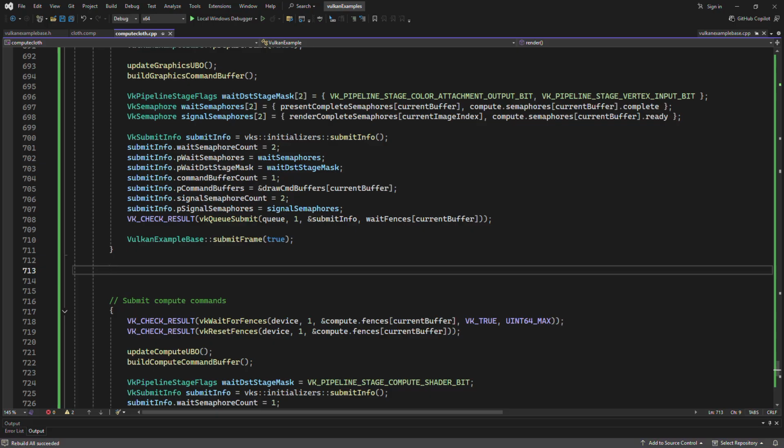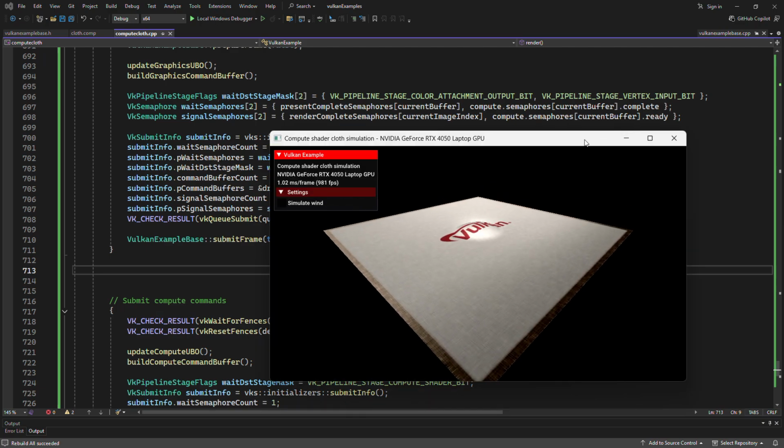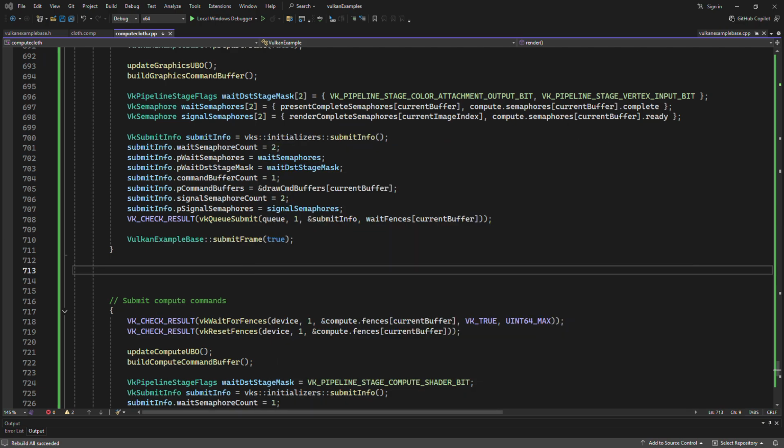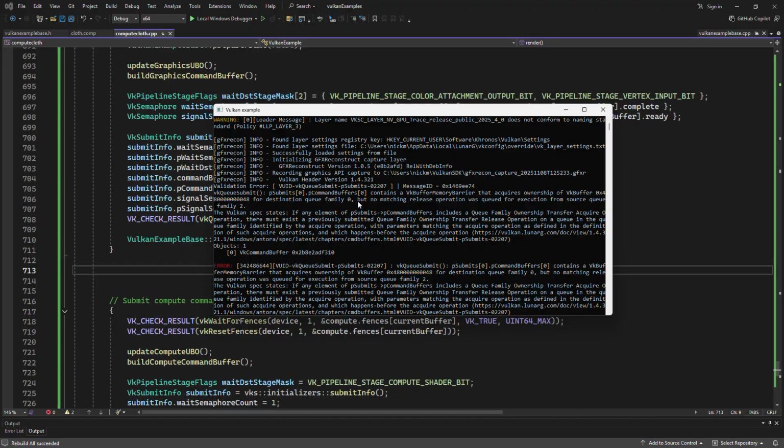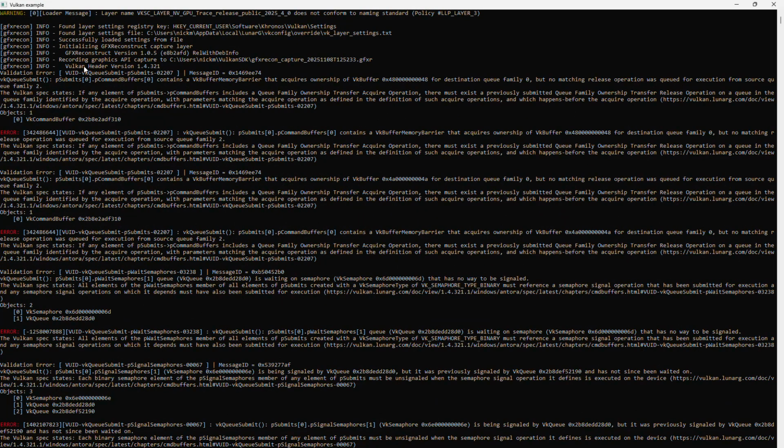Maybe my logic was right? But it runs, right? But we still get an error. So the error says, don't worry about this stuff. This is like other stuff, right?